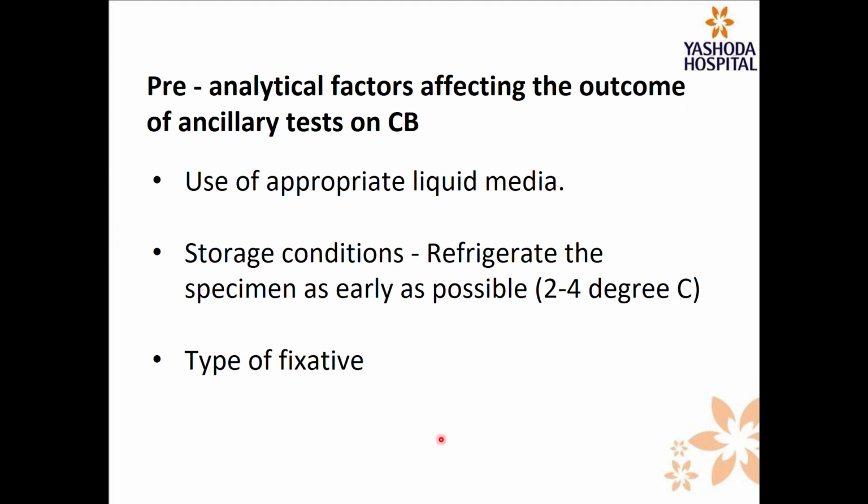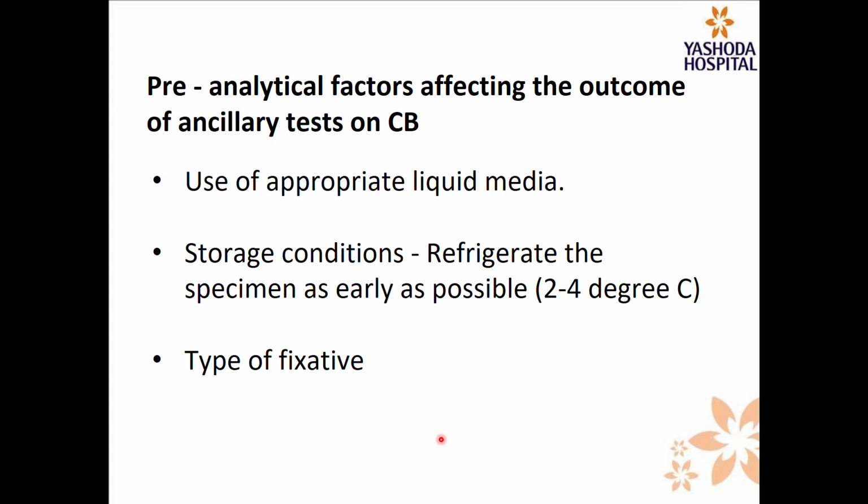There are some pre-analytical factors which affect the outcome of ancillary testing on the cell block. One, I already told you, the use of appropriate liquid media. Another very important thing is that if you are not transporting the needle aspirate, which you have taken from the EBUS TBNA, into 10% neutral buffered formalin, and you're directly transporting it to the lab, please make sure that the storage conditions of that sample are good.